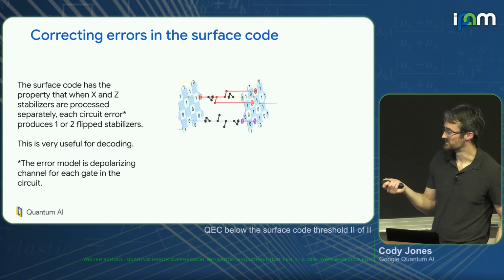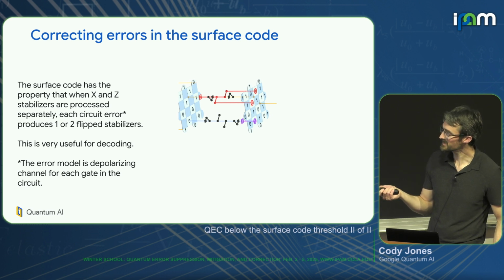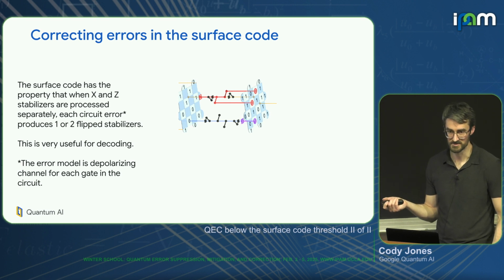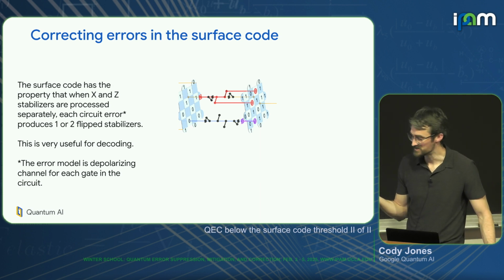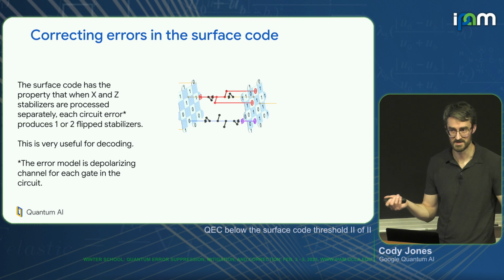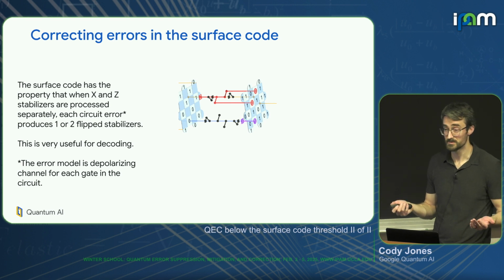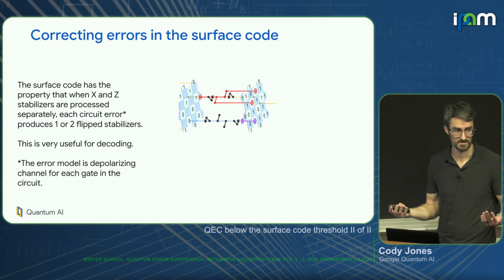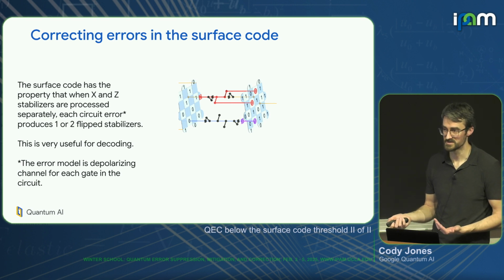But here's actually the important part. The surface code itself has a property that if we look at the parity checks individually, the X and the Z, each single error produces 1 or 2 flipped stabilizers. It has to produce more than 0. If it produced 0, then we wouldn't detect it, and that's bad. But for general QEC codes, there's no bound on how many stabilizers might be flipped.